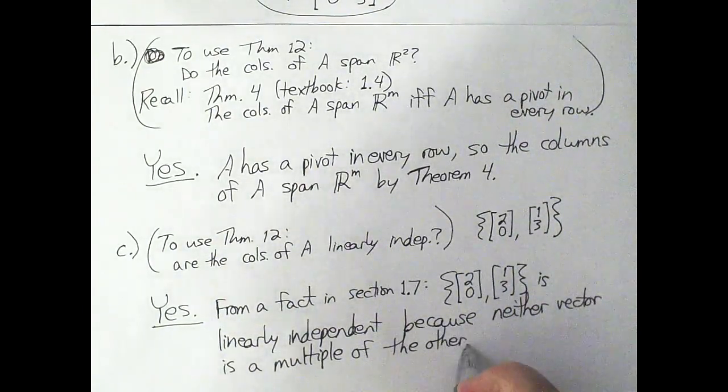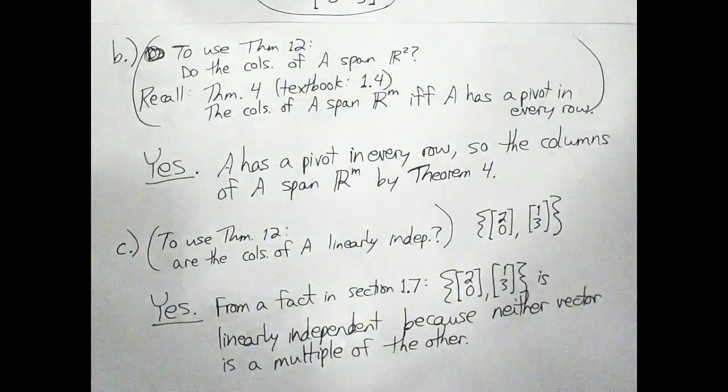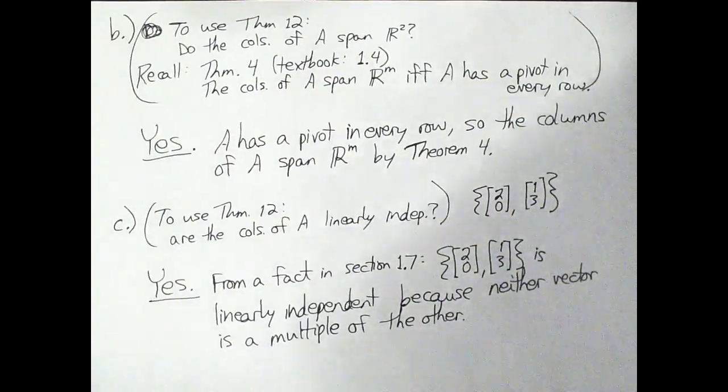Remember that? When you have a set of only 2 vectors, you can tell if it's a linearly independent set by whether or not a vector is a multiple of the other. That's for when there's only 2 of them.